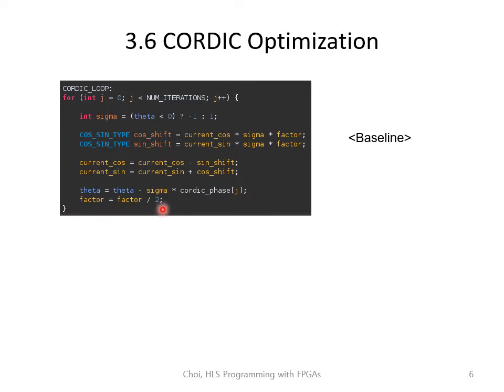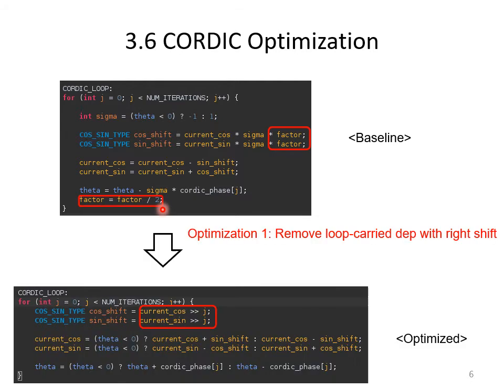This means that we know what factor is going to be after j iterations. So let's get rid of factor and replace it with a right shift by j. You see that factor is only used in the cosine shift and sine shift variables, so we only need to shift in these 2 places.